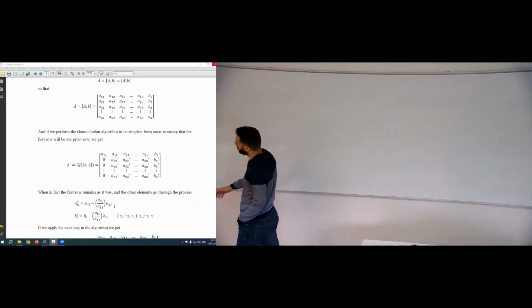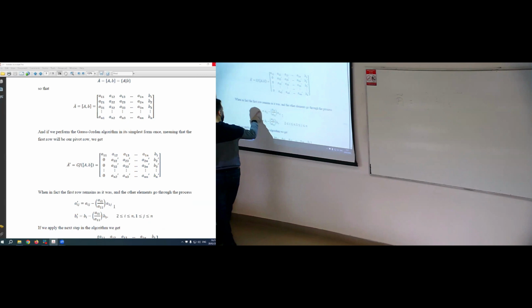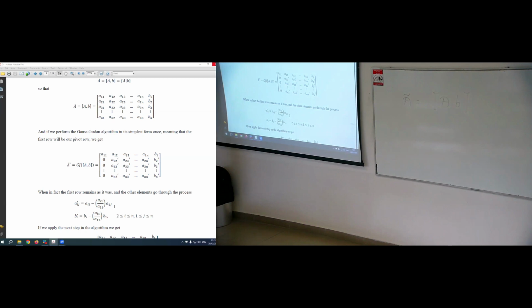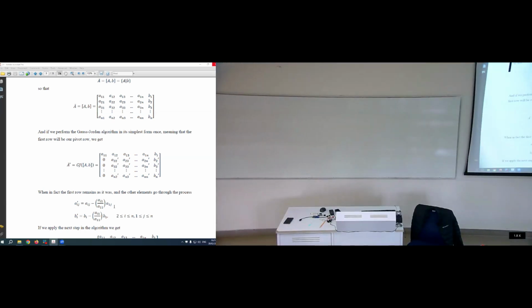Aij prime, and I work with the ith row, so it is the ith row minus something multiplying the first row. This applies to every element in the row, determined by the number of the column. For example, for the second row, A2j minus A21 divided by A11 multiplied by A1j. And of course, I do the same thing for the B's.